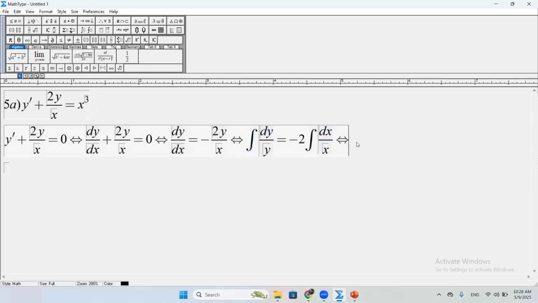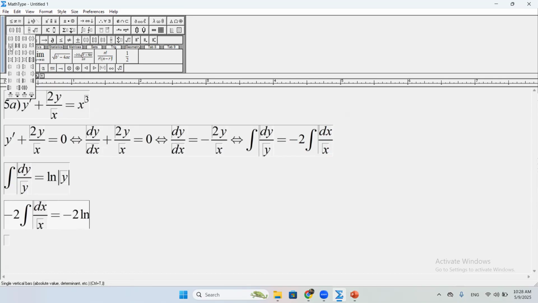So the integral of dy by y equals the logarithm of the module of y. And this integral will be equal to minus 2 logarithm of module x plus logarithm of c.